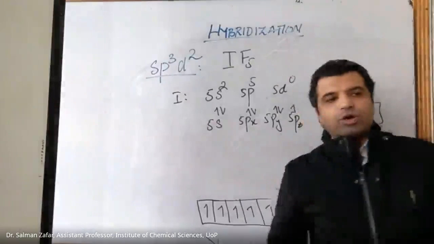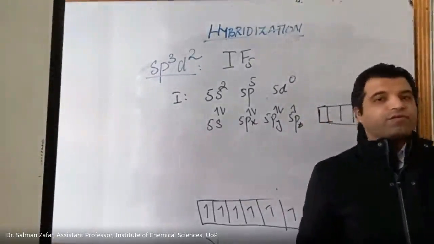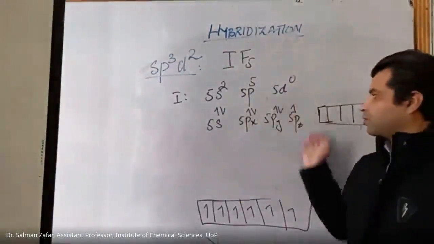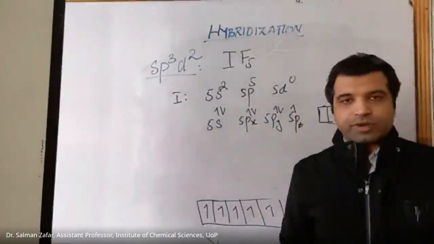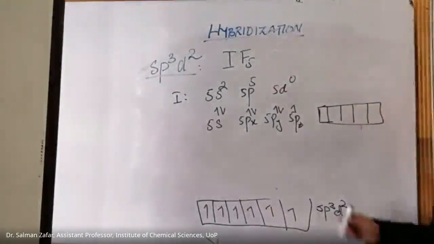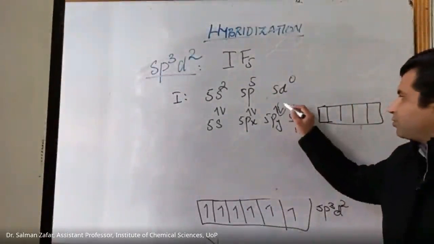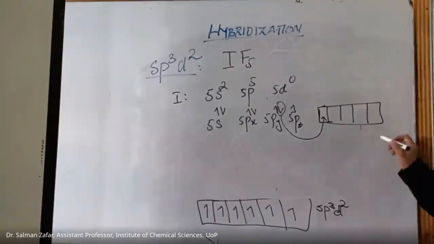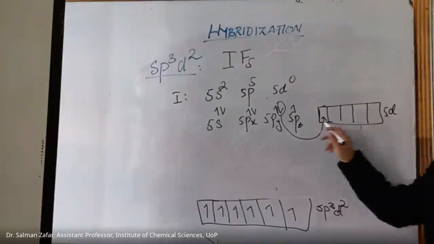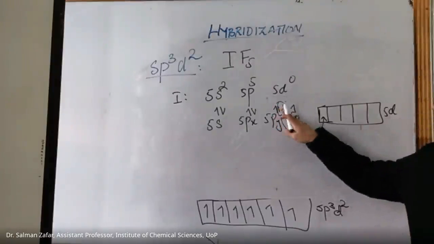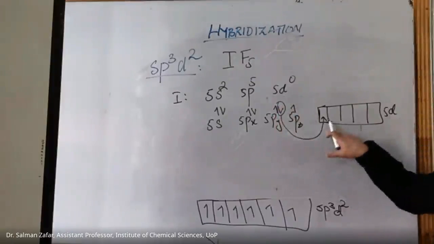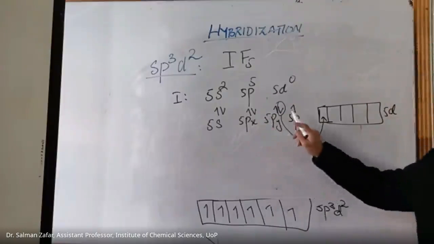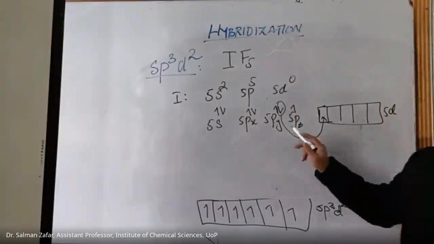Now we have to accommodate 5 fluorines, or 5 atoms from outside, with iodine, but here you can see that it has only 1 unpaired electron. So electrons have to be excited from this p orbital into the 5d. This is the 5d orbital. One of the electrons is excited from this pair into the 5d orbital, leaving us with 1, 2, and 3 unpaired electrons.